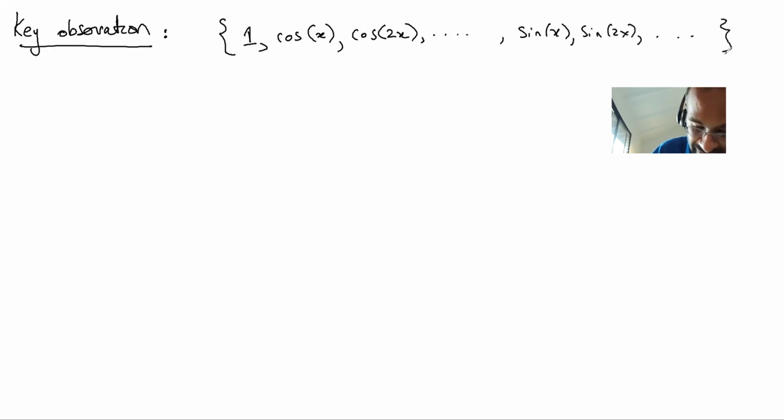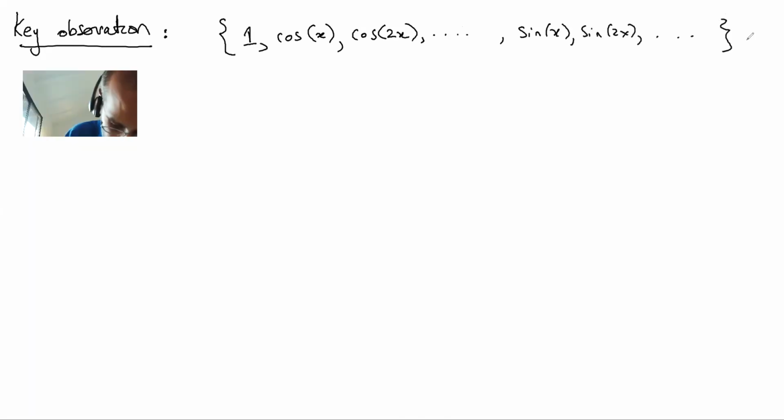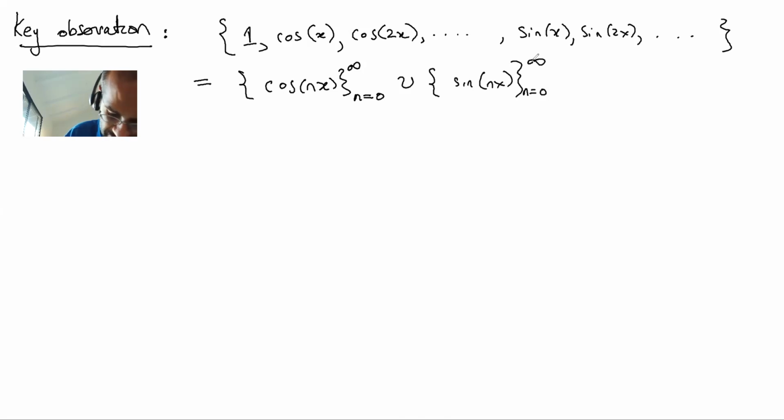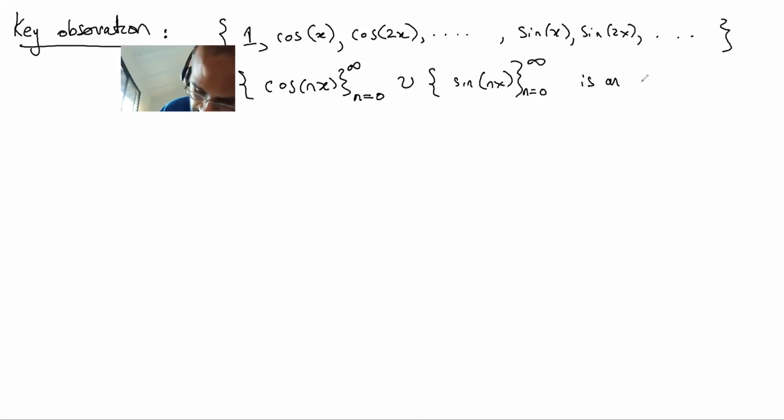So it's an infinite set. Sometimes we write that in this notation: the functions cosine nx, with index n from 0 to infinity, union the functions sine nx, with n going from 0 to infinity. The key observation is this is an orthonormal set in the inner product space V pi.